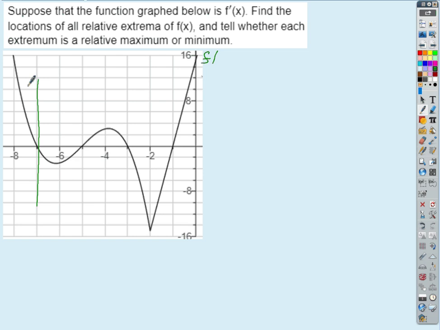So I'm going from positive first derivative, so that's increasing, to negative, decreasing. At -3, we're going from increasing to decreasing.